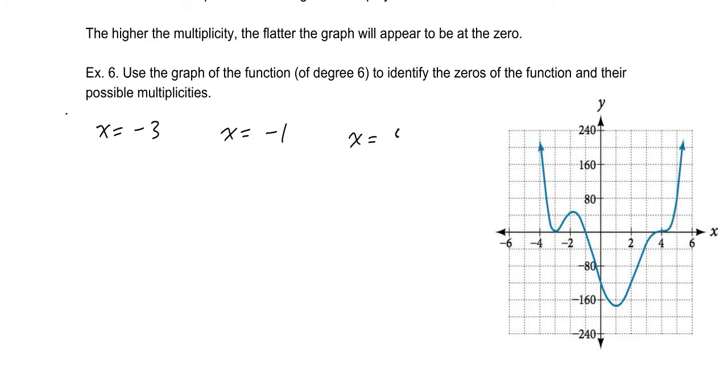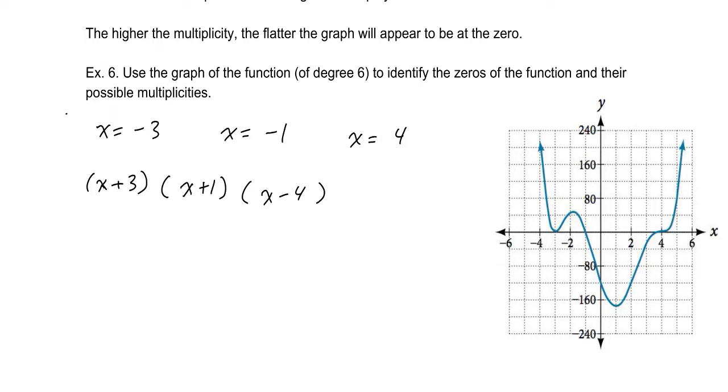So what those factors are going to look like: x plus 3 to some power, x plus 1 to some power, and x minus 4 to some power.